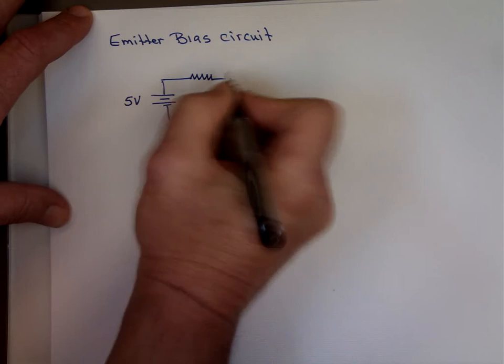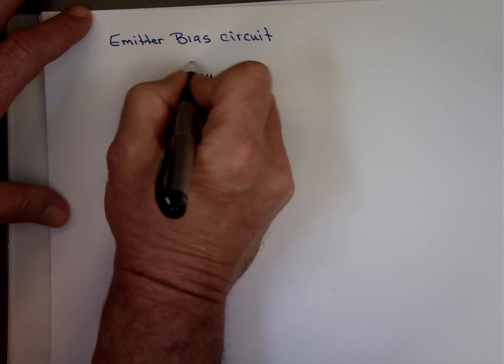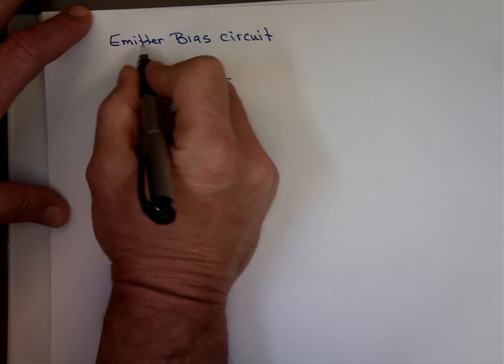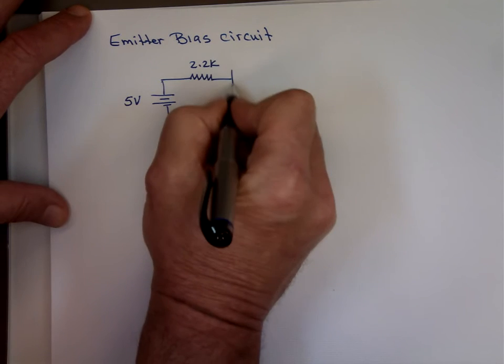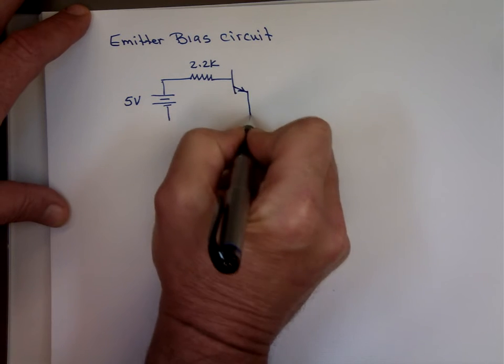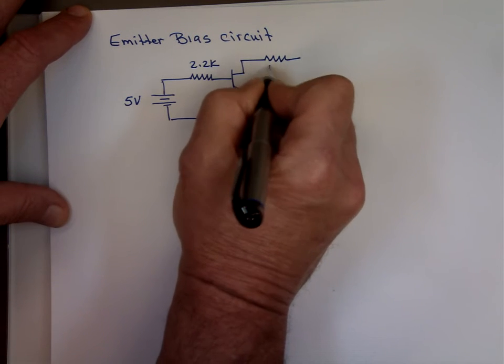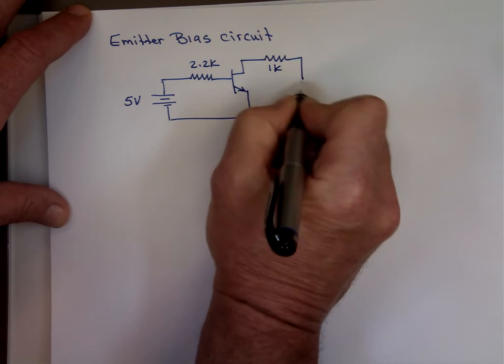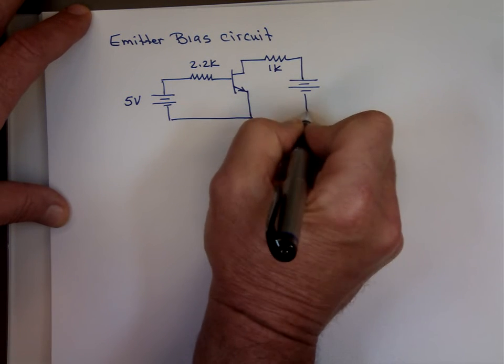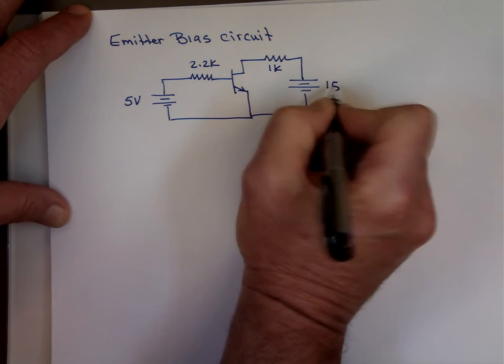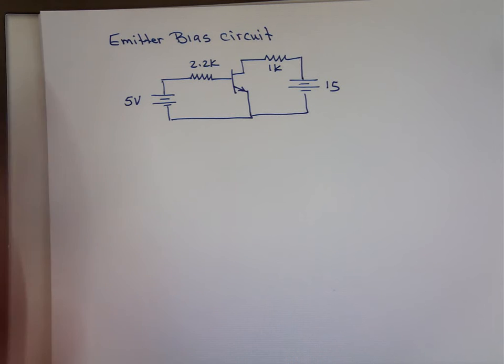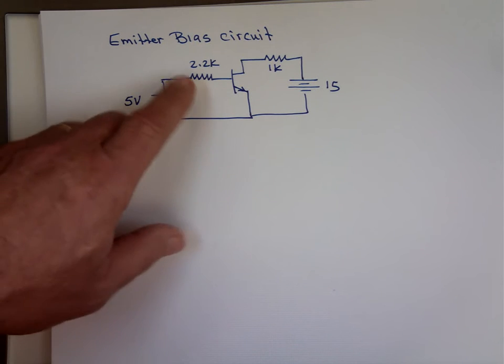Let's say we had a 2.2K resistor here. This is not emitter bias yet, because notice where that resistor is. This is 1K, and this is 15 volts. To make the circuit emitter bias, I'm going to move that one down to here.